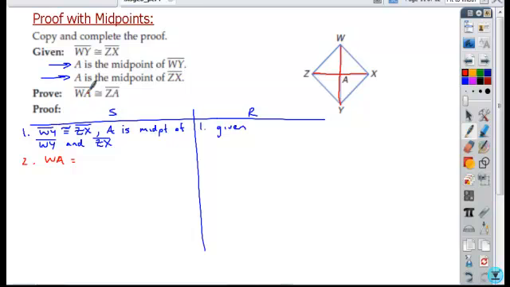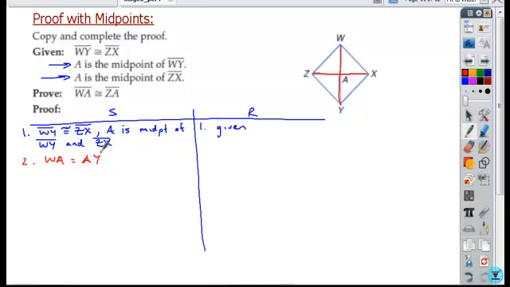So what allows me to introduce WA? WA is what? What do you know about WA? There's two relationships that you can identify that involve WA. Dylan, what's one? Okay, so one of them is to say that WA is equal to, and I'm just going to write AY.